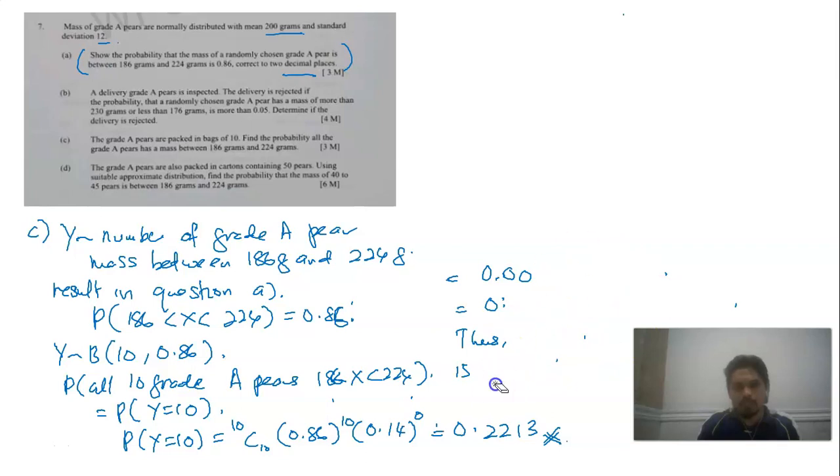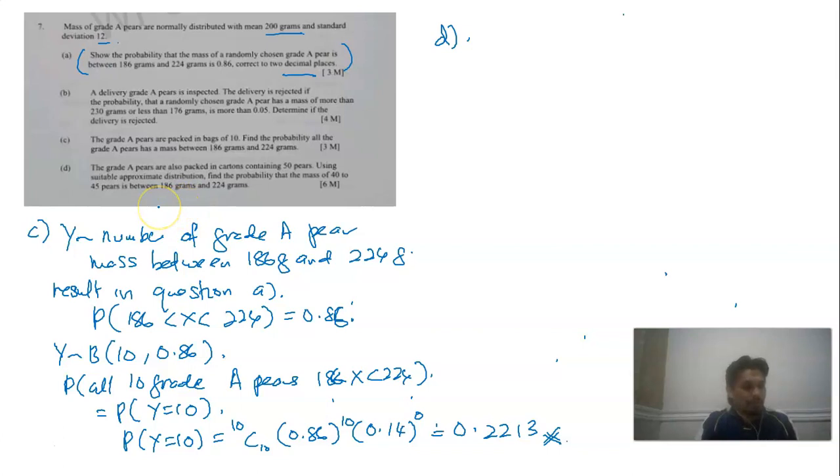And the last one is question D. For question D, the grade A pears are also packed in cartons containing 50 pears. Using a suitable approximation distribution, it might be normal, Poisson, or binomial, find the probability that the mass of 40 to 45 pears is in between these grams.